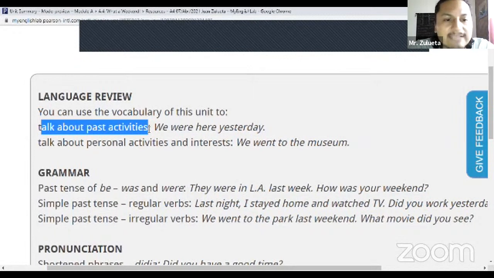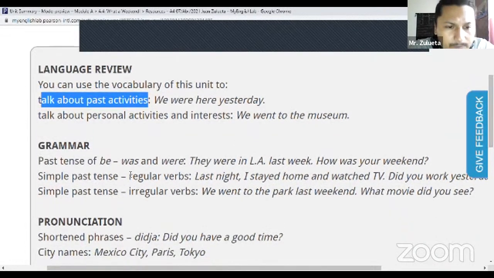And we know that in simple past, we have two types of verbs: regular and irregular.